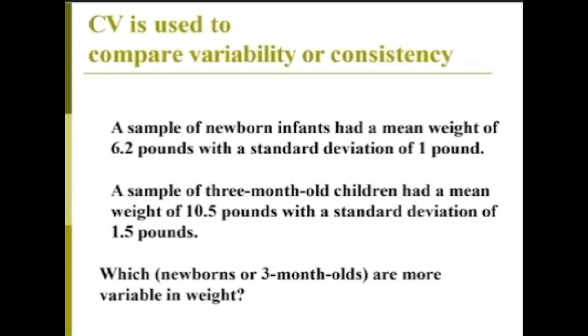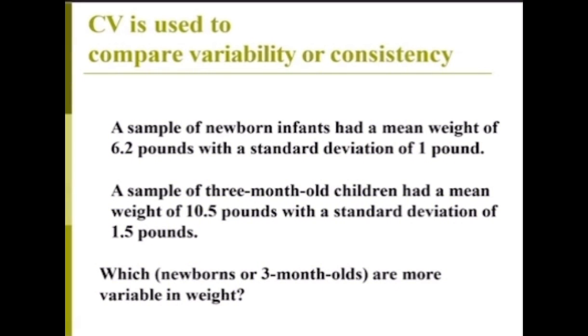We want to compare the weight of new infants and 3-month-old children. The good news is we can compare that if we have their respective means and standard deviations. Take a sample of newborn infants with a mean weight of 6.2 pounds and a standard deviation of 1 pound.